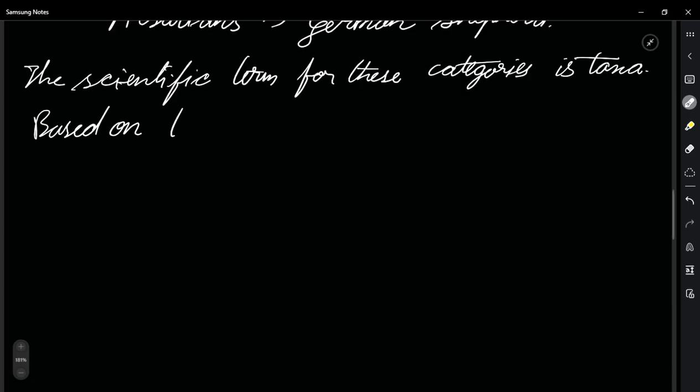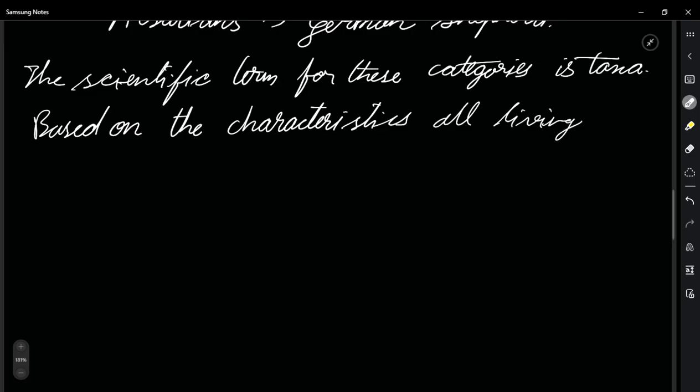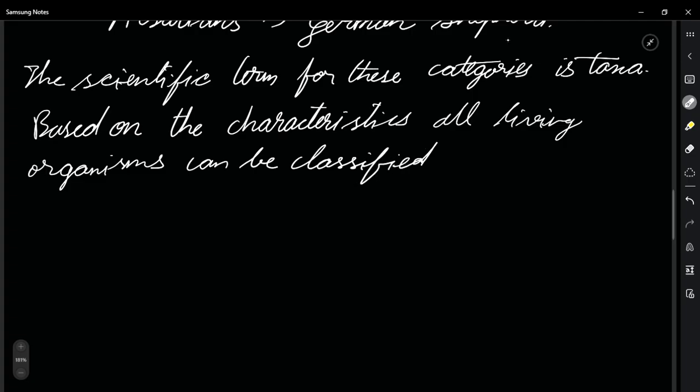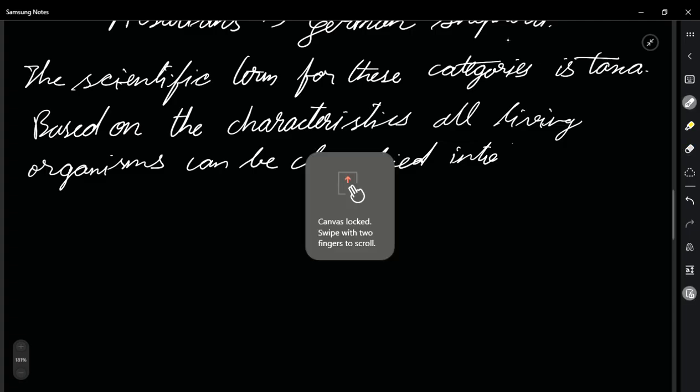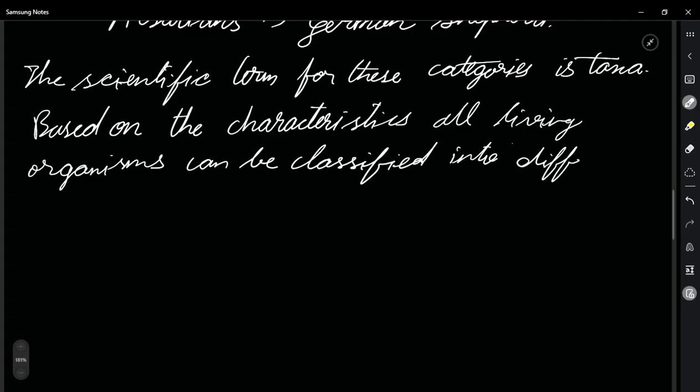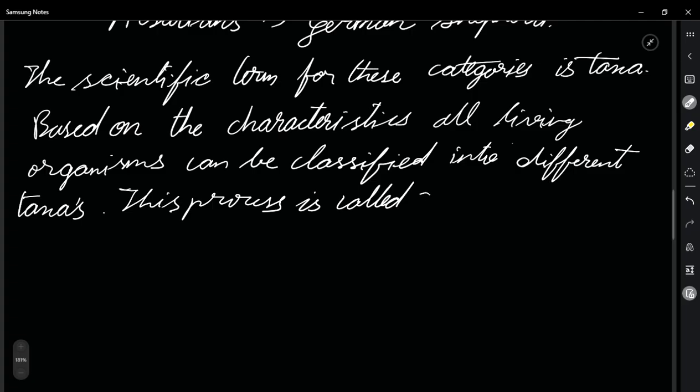Based on the characteristics, all living organisms can be classified into different taxas, and this process is called as taxonomy, same thing.